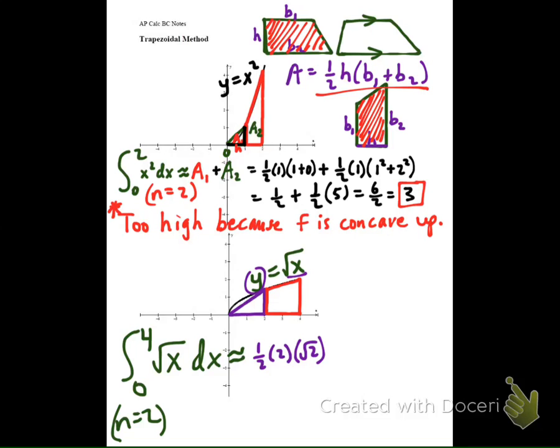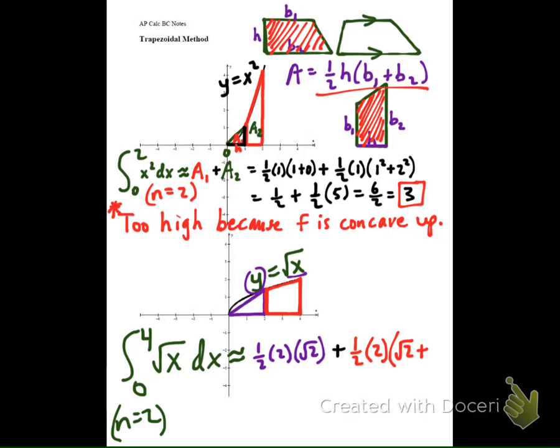Okay? And then we have plus, now the red trapezoid. The red trapezoid has an area of 1/2 times the length of the subinterval, which is the height of the trapezoid, which is 2. And then we have multiplied by radical 2, which is f of 2, so the height of the left side.